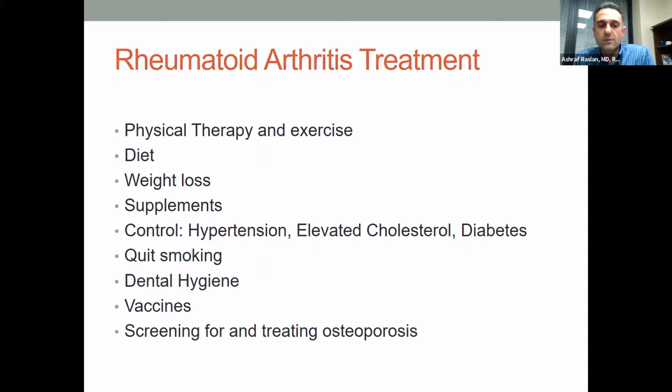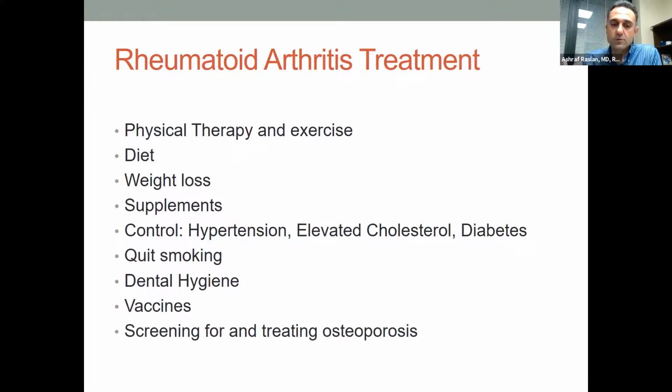And because most of the medications that we use for rheumatoid arthritis are immunosuppressants, there is a certain increased risk of some infections. So it's good to be up to date with the vaccines, especially the most common ones: the pneumonia vaccine, the shingles vaccine, the flu vaccine, and the COVID vaccine currently.